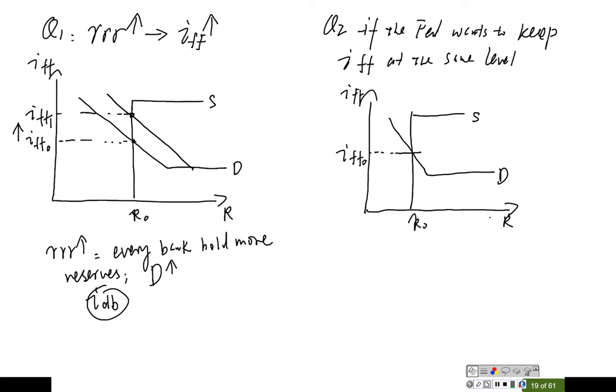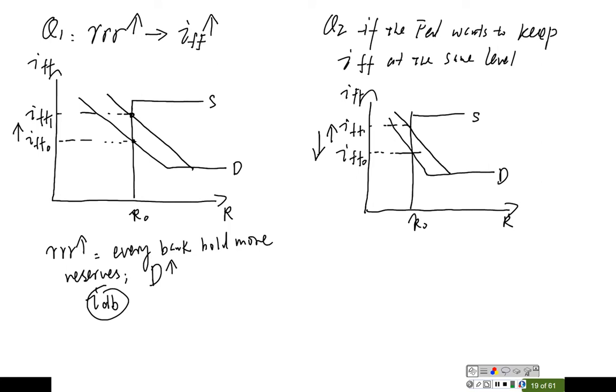In the first case, after the Federal Reserve raised the required reserve ratio, the demand curve shifts to the right, so the interest rate will increase to IFF1. But now, because the Federal Reserve wants to keep the federal funds rate at the same level as IFF0, the Federal Reserve needs to reduce the federal funds rate from IFF1.